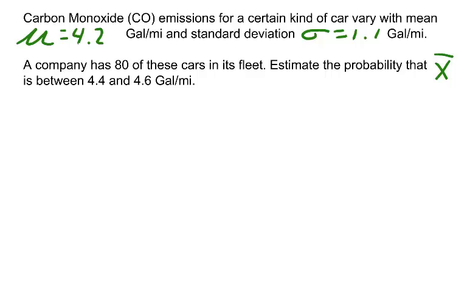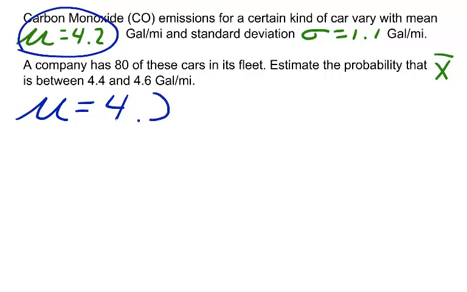The first thing that we need to do now that we've identified our assumptions and conditions and determined that they've been met is to identify our population mean mu and our standard error. Well, I see right here in the problem that mu is equal to 4.2. So that was easy enough.